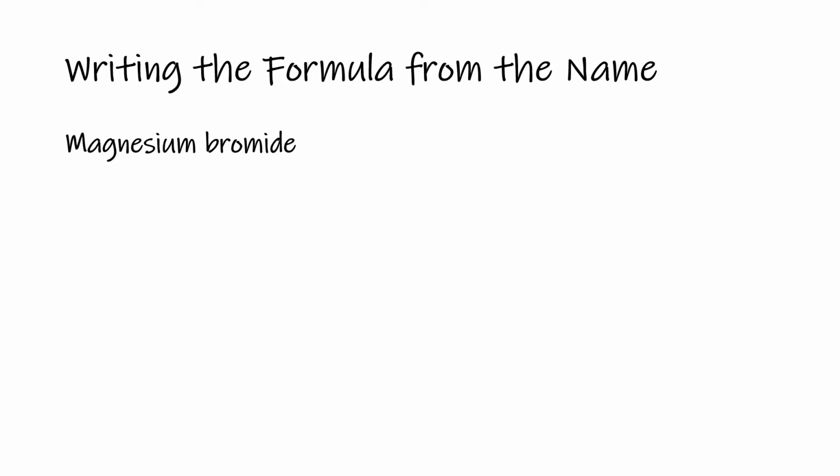Those can be determined based on their location on the periodic table. Magnesium is in group 2A. It's going to lose 2 valence electrons and end up with a positive 2 charge. Bromide is one of the halogens. It's in group 7A. It will gain 1 electron to have a negative 1 charge.